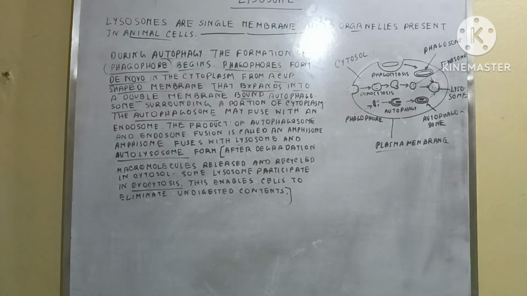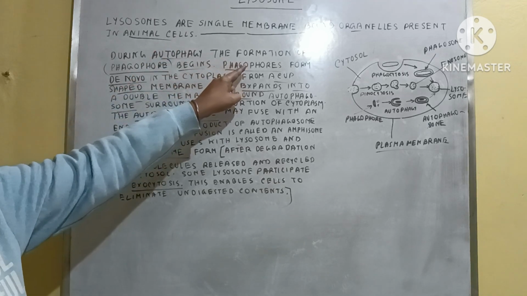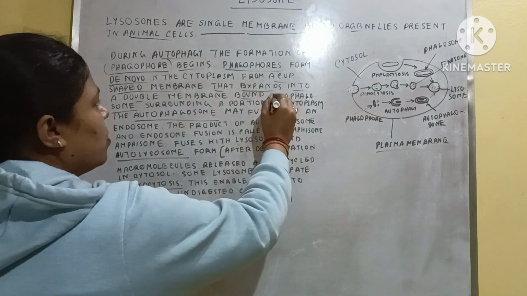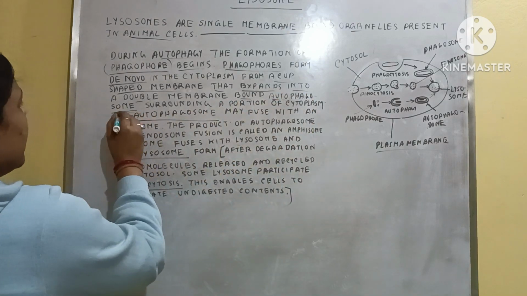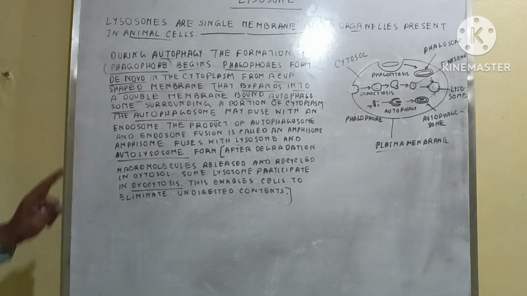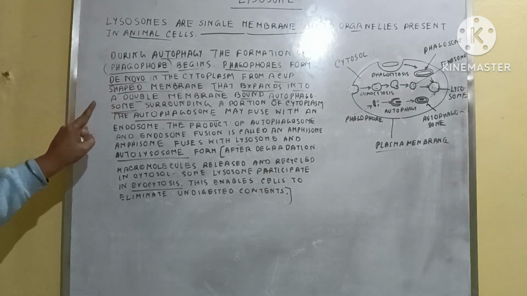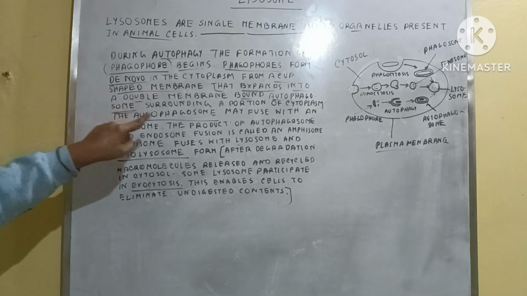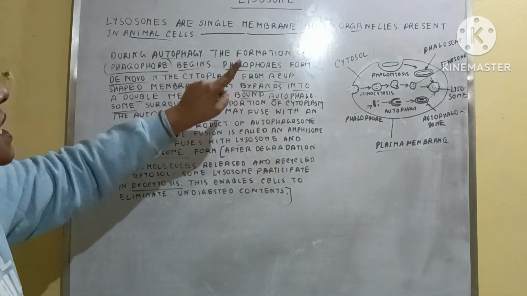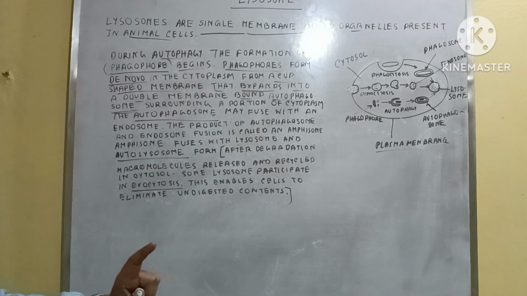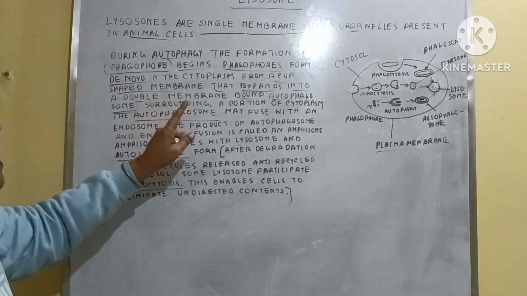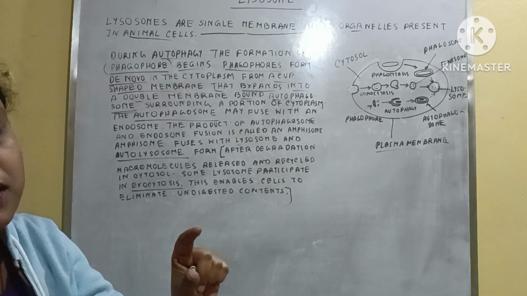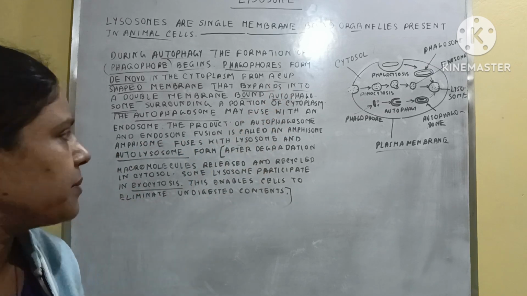So what is happening here? These phagophores containing the substances form the autophagosome, which has a double membranous structure, so the autophagosome is surrounded by double membranous protection.